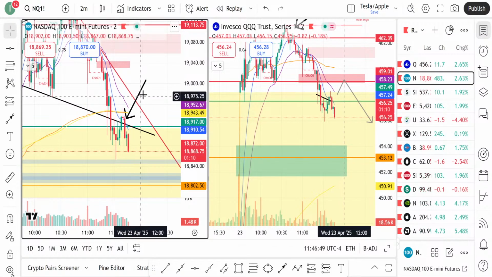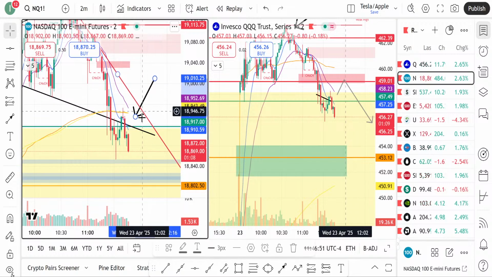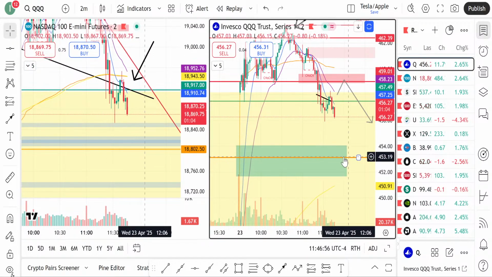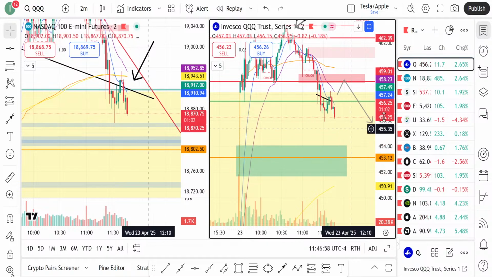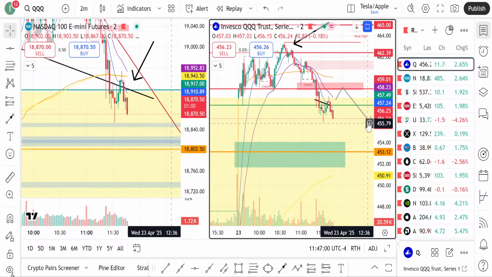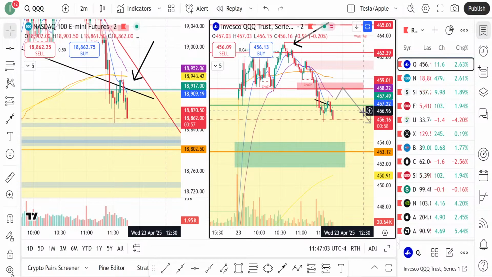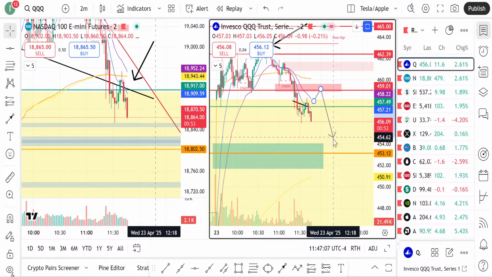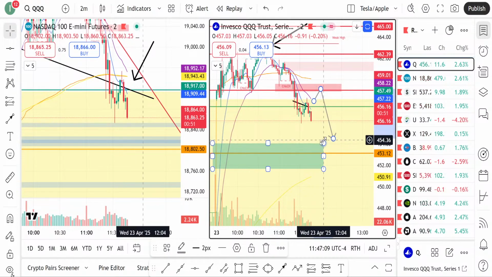So I entered there, looking for a small move down, probably to this area down here on the Qs, down here, somewhere down here. Maybe 454.